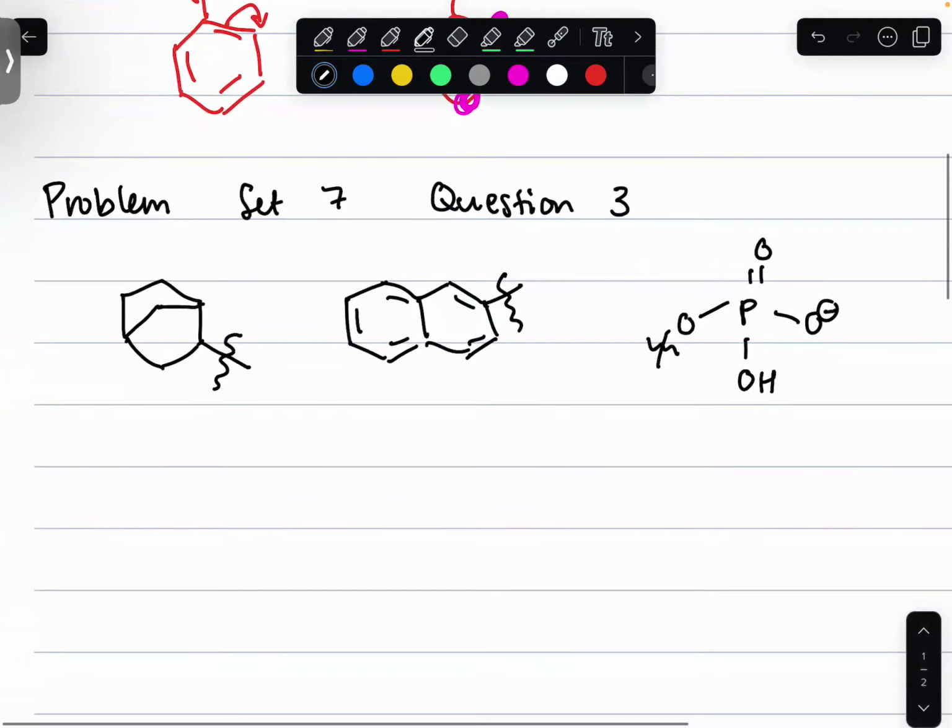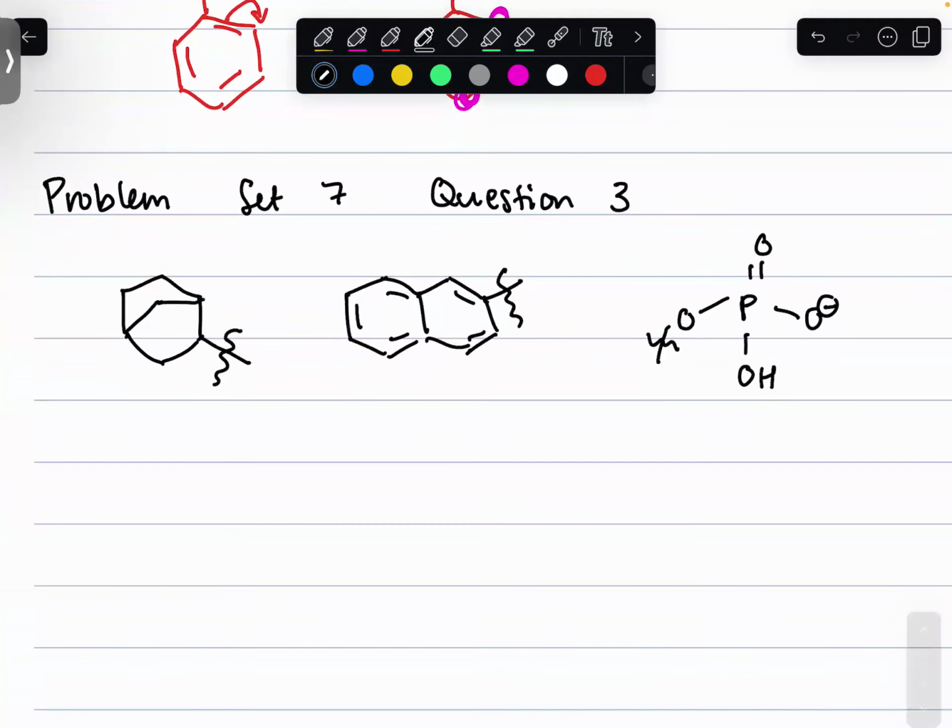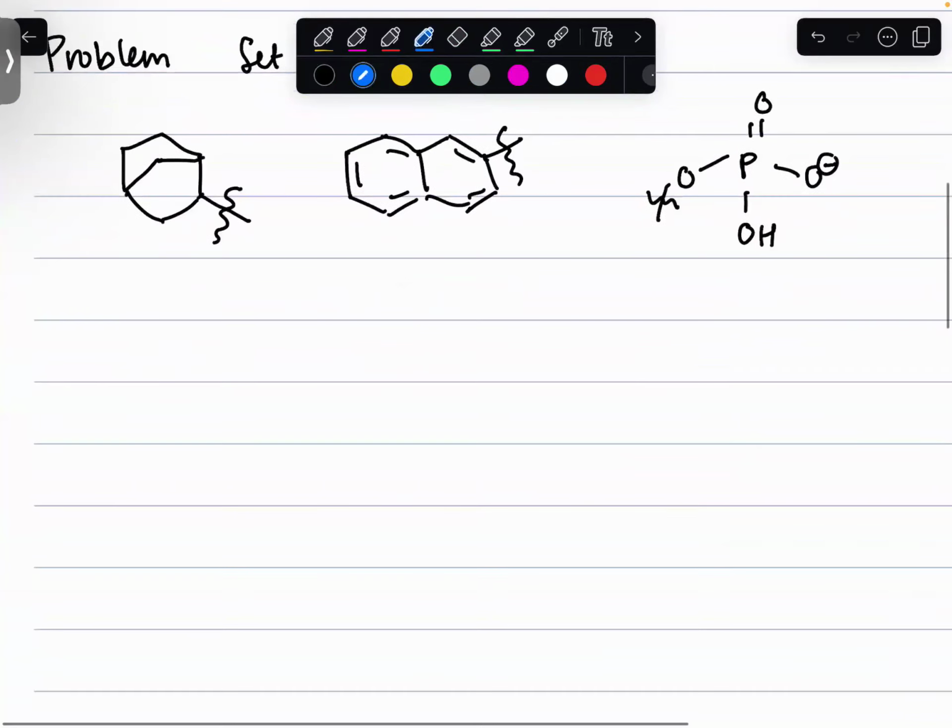The first step in doing a reaction like this is identifying what you need to do an acyl substitution reaction. The important pieces are we need an acyl and we need a nucleophile.